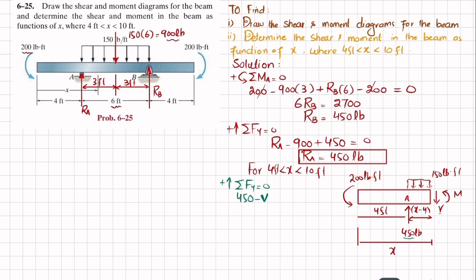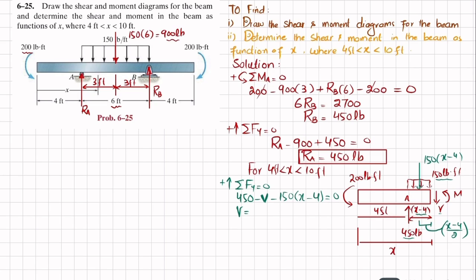So minus V, and when you convert this uniformly distributed load into a point load, it will be equal to 150 into the length over which it acts, which is x minus 4, and that will act at a distance of x minus 4 divided by 2. So the load is 150 into x minus 4, equal to 0.